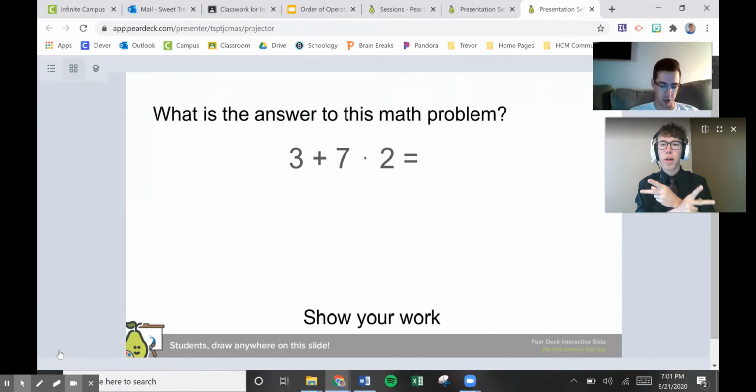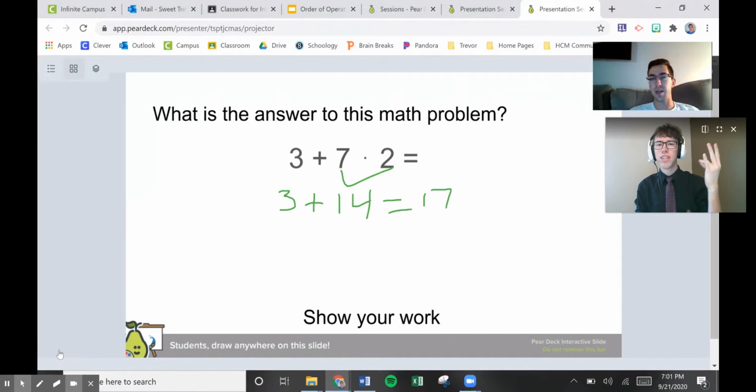We look at where the multiplication is in this problem, and that would be right here. 7 times 2 is 14. Then you just bring down the rest. So that'd be 3 plus 14, which is 17. And that's it for that problem. Multiplication first, then addition.